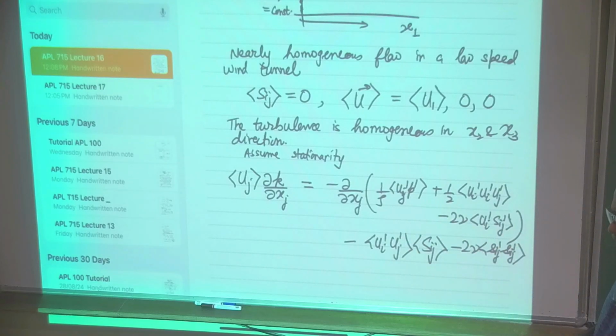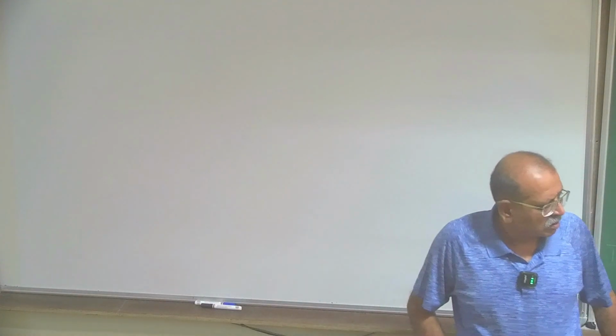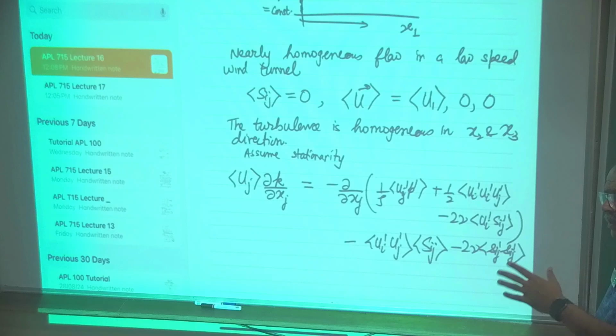So you spoke about two frames. Yeah. One is me as an observer from the ground, and another is me flowing with the flow, flowing with the mean velocity of the flow. With the mean velocity. Like in one case, my d by dt term goes away, that is equal to 0, and in the other, this one goes away, right? But what happens to the RHS? RHS will again have d by dxj.